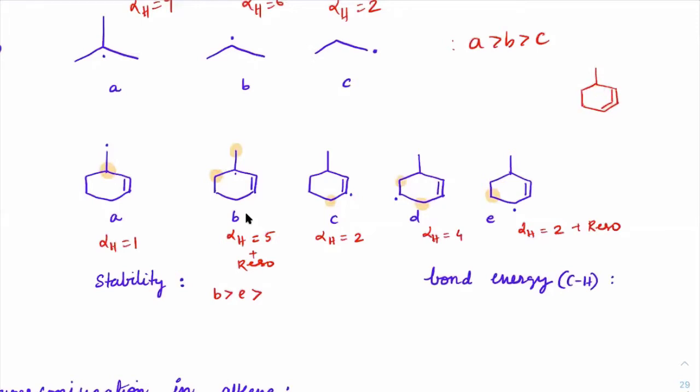It won't exist. So even though there is an alpha hydrogen, it won't be able to give hyperconjugation. So therefore B, E, then what should be the answer? D, then A, then C. This will be the stability order.